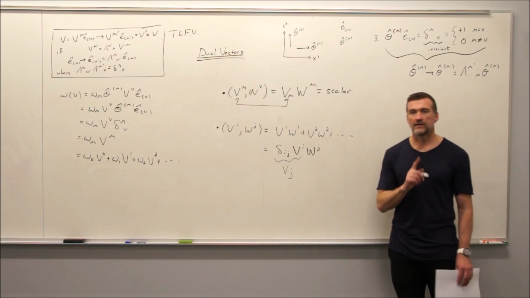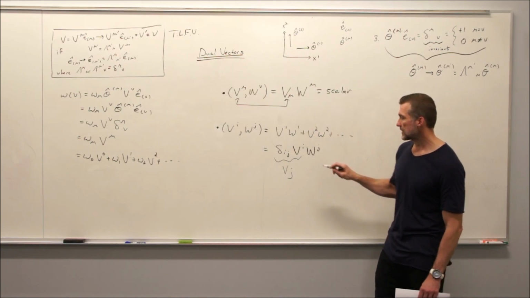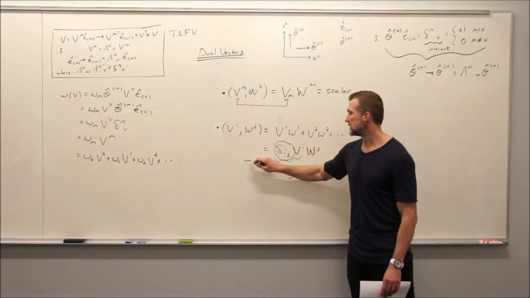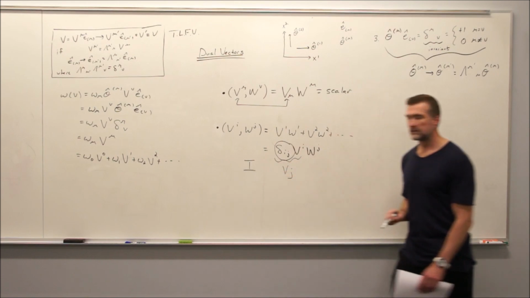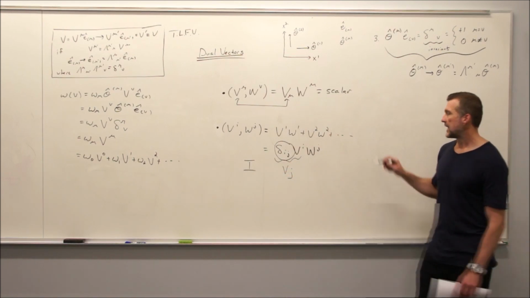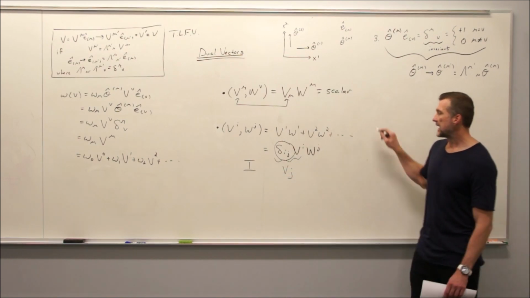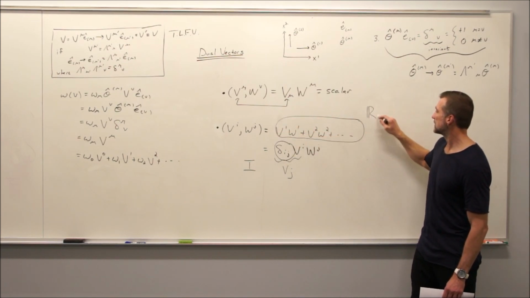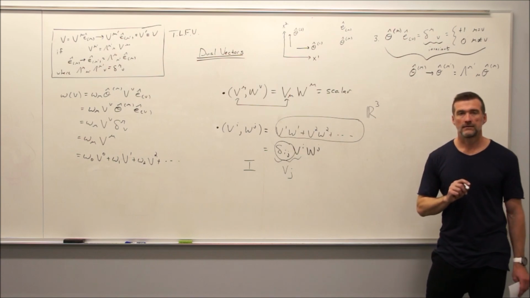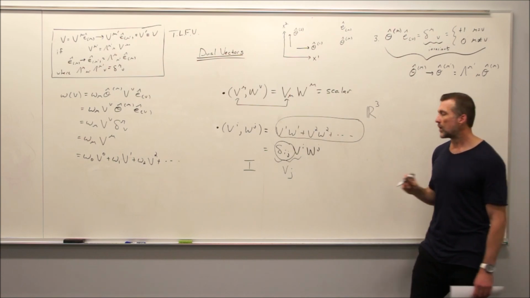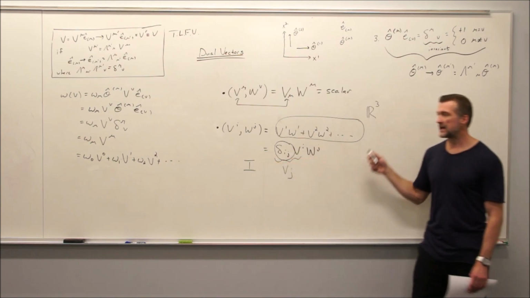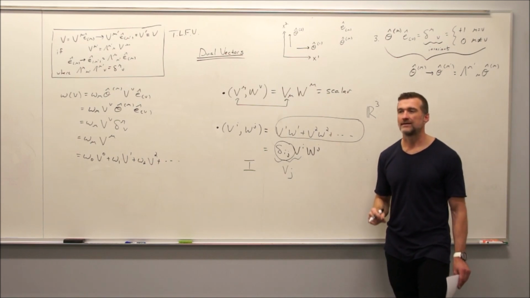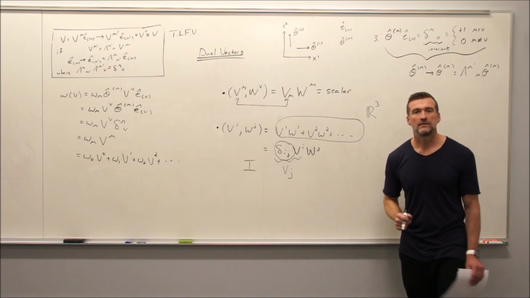And now here's the very, very important observation. This is essentially the identity. And the context in which we're talking is rotations in, for example, R3. What role does the identity play in the set of transformations corresponding to rotations in R3? It's the metric.